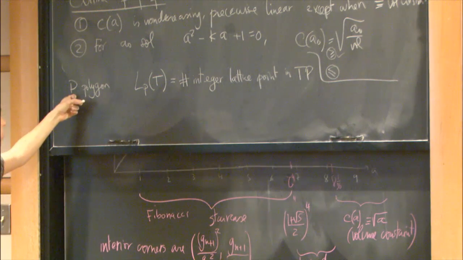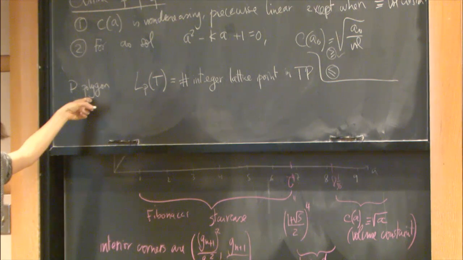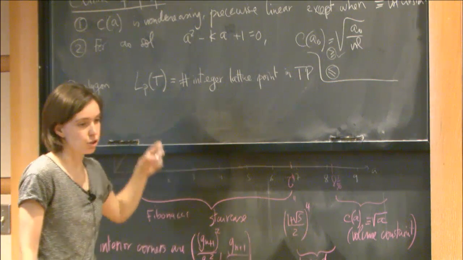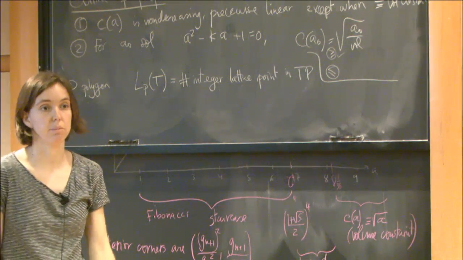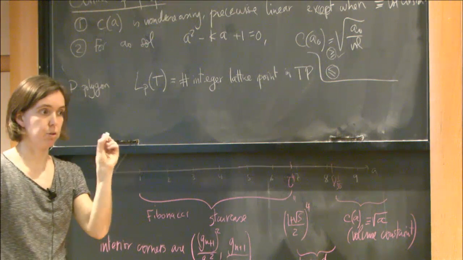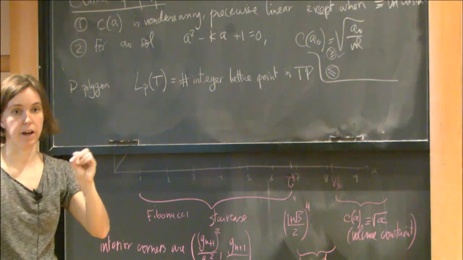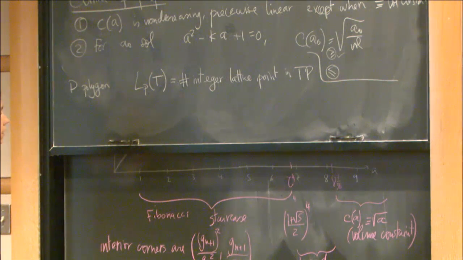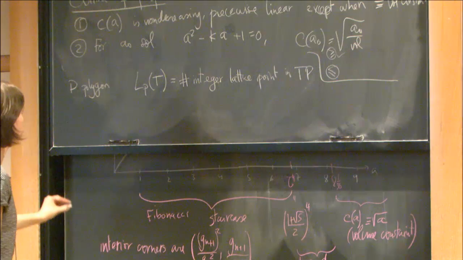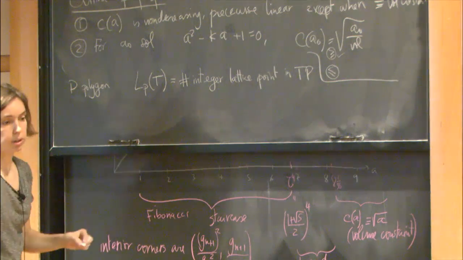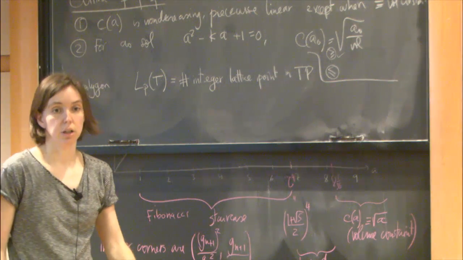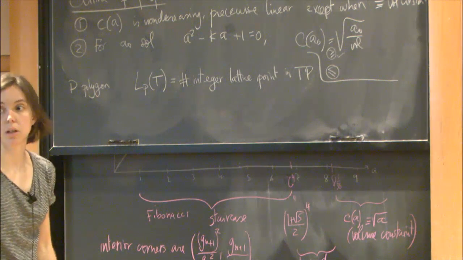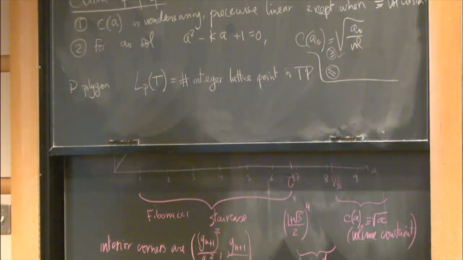If P is a rational lattice polygon, then the Ehrhart function is a quasi-polynomial. That means it's like a polynomial, except the coefficients are not constants. They have a period. And when P is not rational, in general, it's just some complicated function without any quasi-polynomial structure.